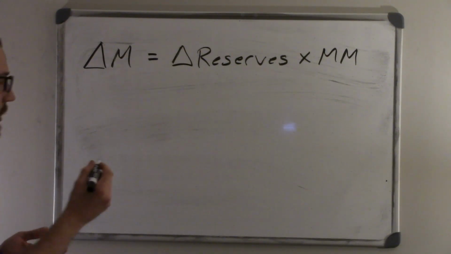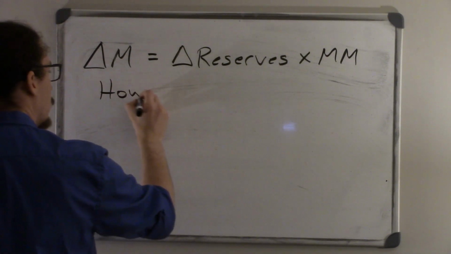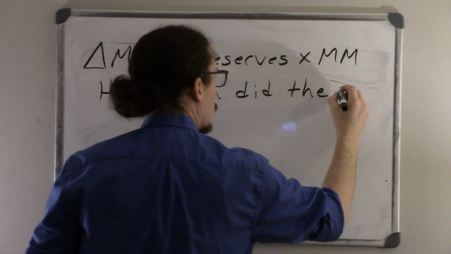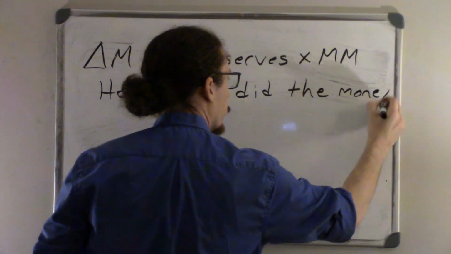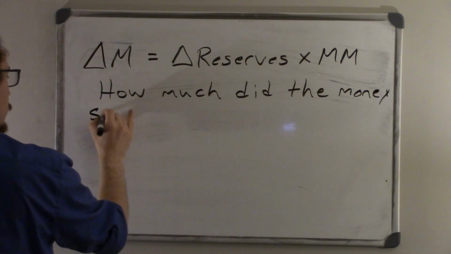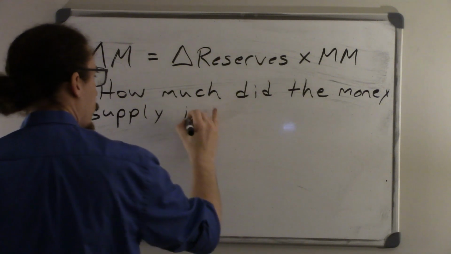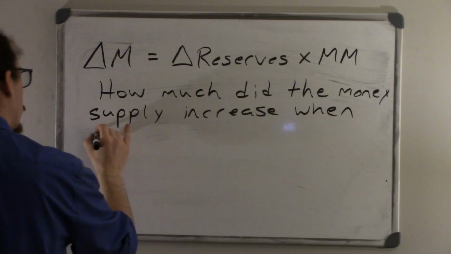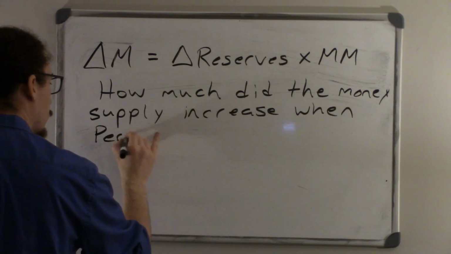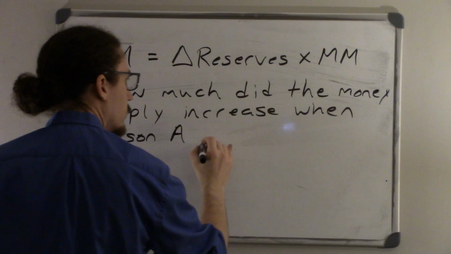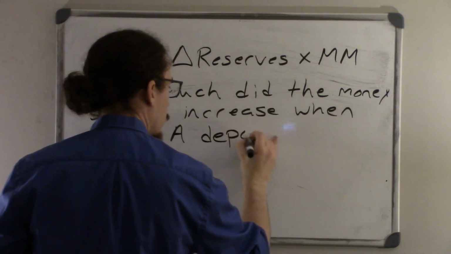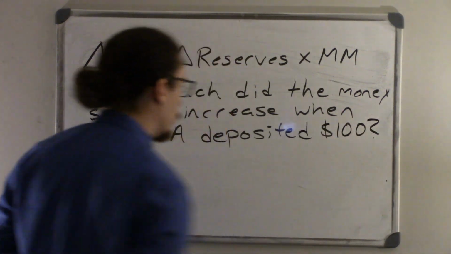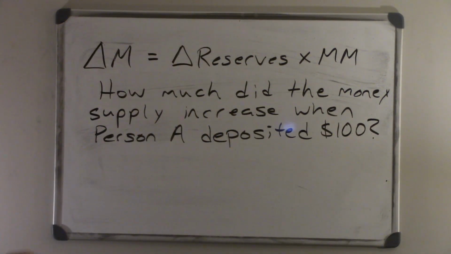So once again, let's look at our previous example. How much did the money supply increase when person A deposited $100?